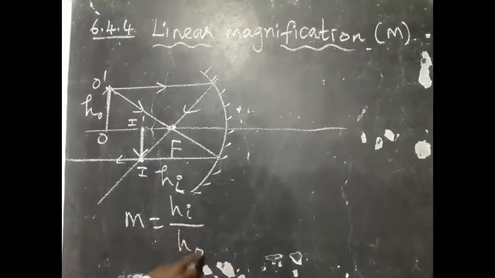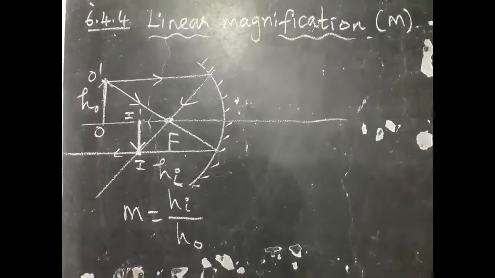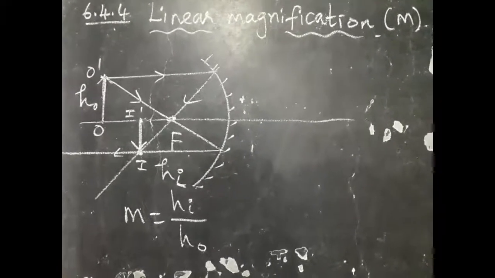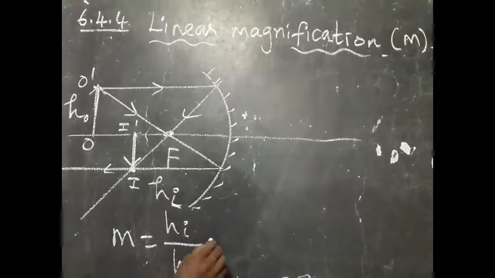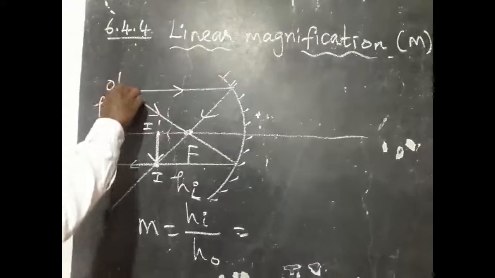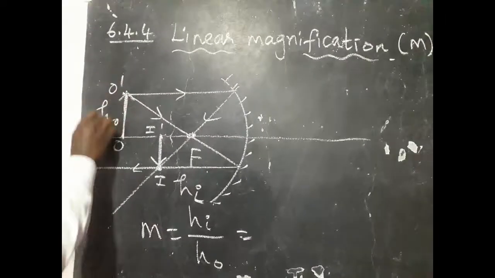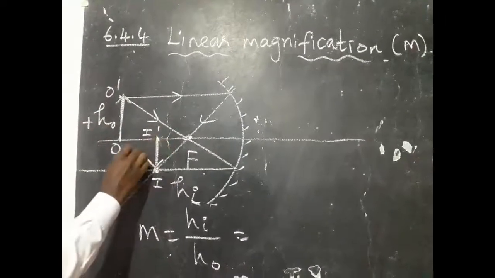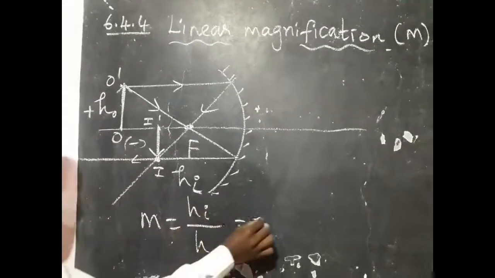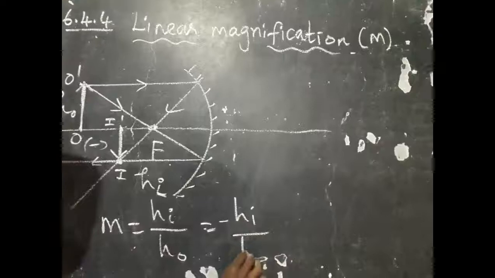So hi by h0. The magnification can be related to object distance and image distance. And one more thing, the object we keep upright, so that is positive, and that downward is negative. So we take minus hi divided by h0.